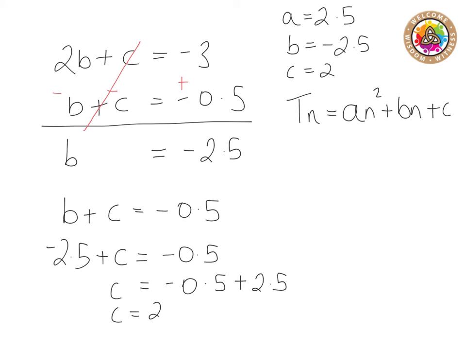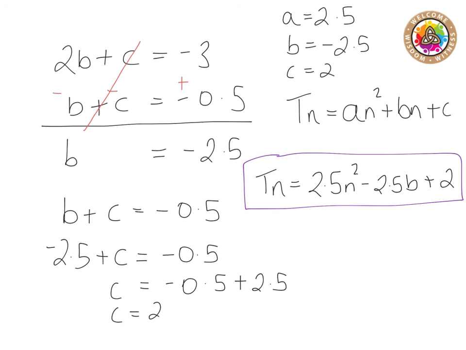Tn is equal to 2.5 n squared, because we don't need to put in n this time, plus b, which is minus, so plus by a minus is a minus, 2.5n, and then plus 2 for c. And that's your final answer there, the Tn formula in terms of n.